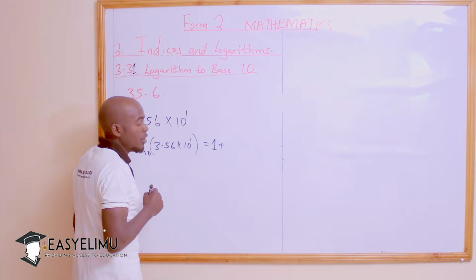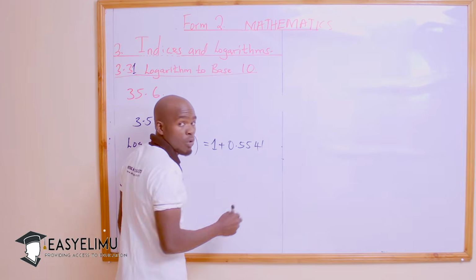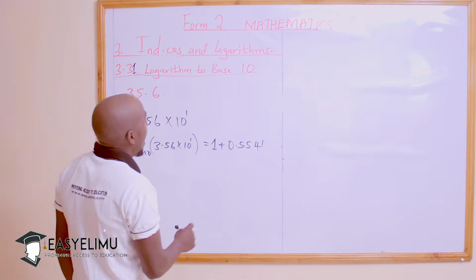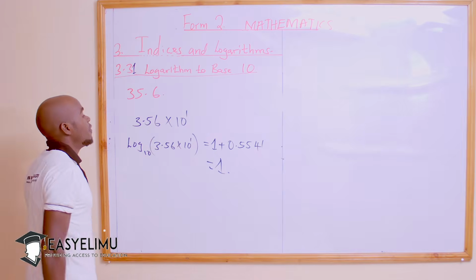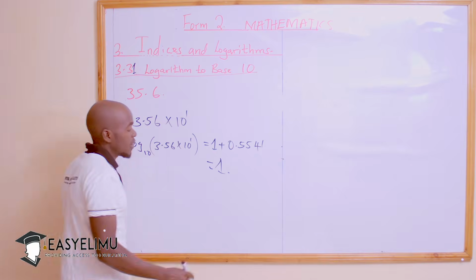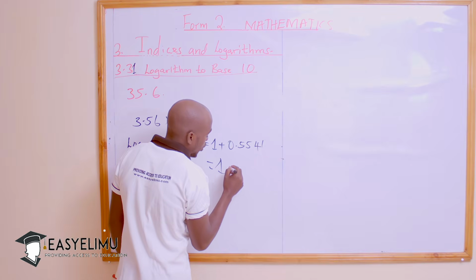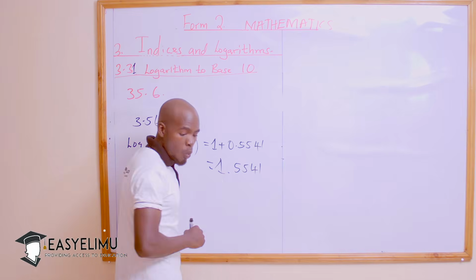So on this one we are going to add 0.5514. Now we shall add and we shall find the logarithm of 35.6 will be equal to 1.5514.